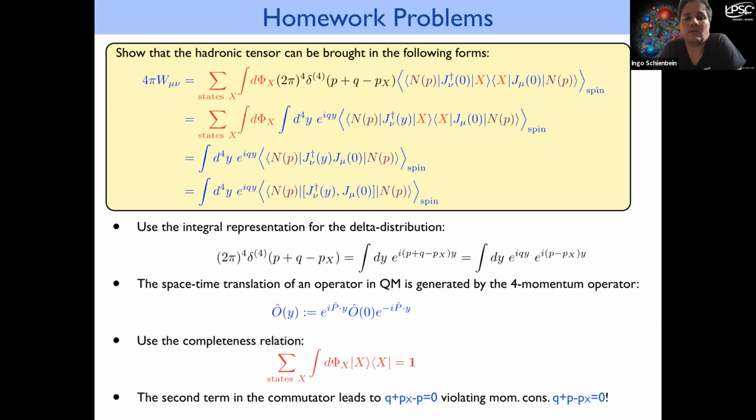You can use that the space-time translation of an operator in quantum mechanics is generated by the four-momentum operator in the way I have written up. You use the completeness relation, that when you sum over all intermediate states X, this has to close to the identity operator. Then you should be able to verify these four forms for the hadronic tensor.